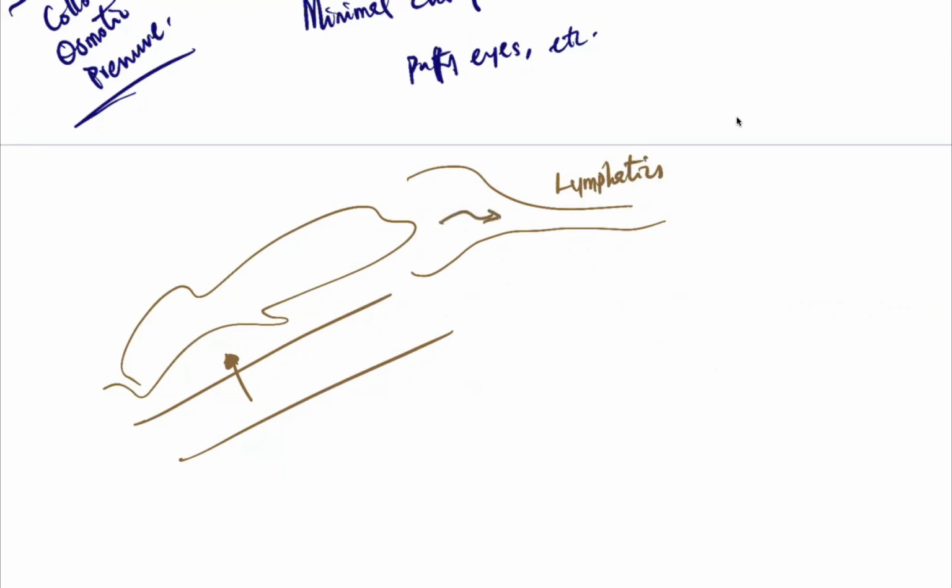Now, if for any reason there is obstruction to the drainage of this fluid, then it doesn't matter if your hydrostatic pressure is normal and your capillary oncotic pressure is normal. If you're not draining the interstitial space, then fluid is going to accumulate within the interstitial space.